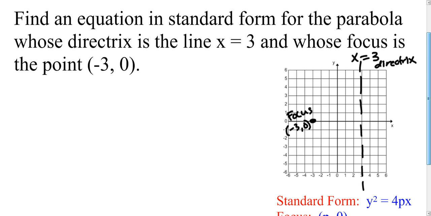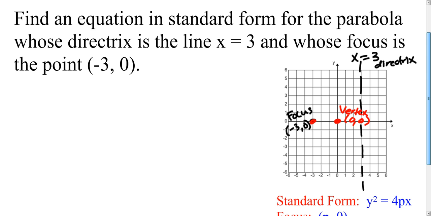The vertex will be halfway between the focus and the directrix. So the vertex will be halfway between this point and this point. So that makes this right here have to be the vertex. And the vertex in this case then will be (0, 0).